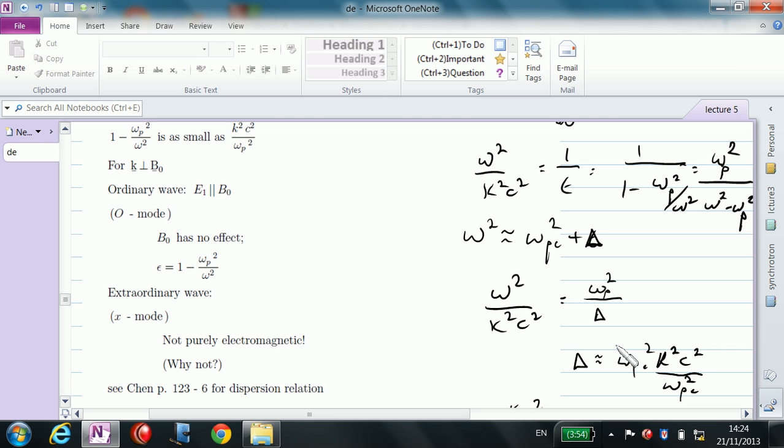But what you have here is something that, think about it, is unlimited in phase. Suppose you had a longitudinal plasma wave, but a plane wave.